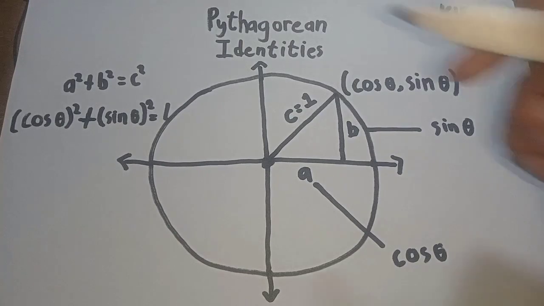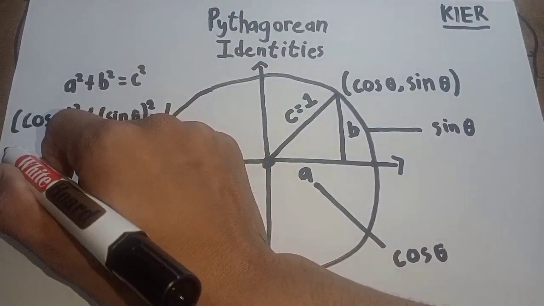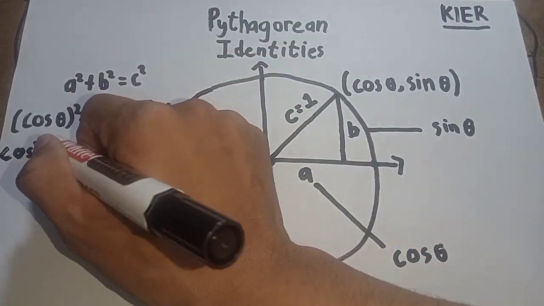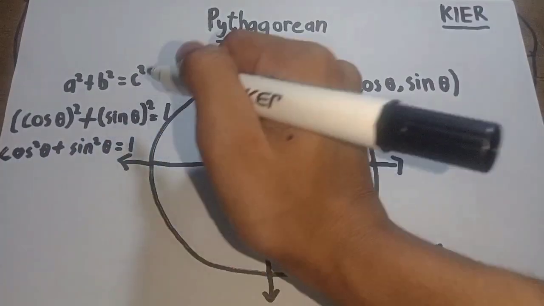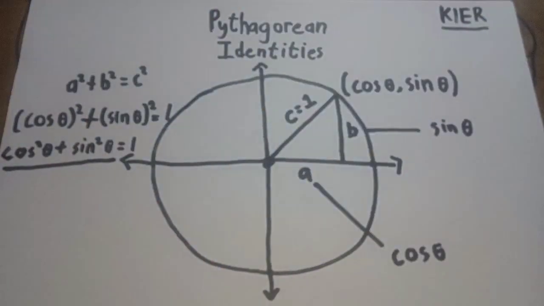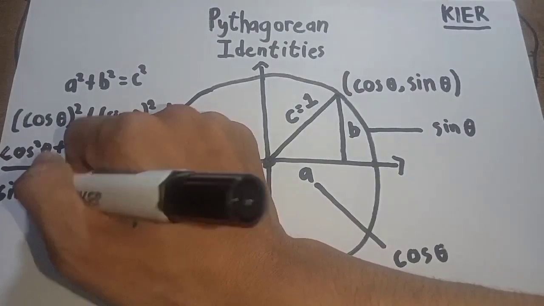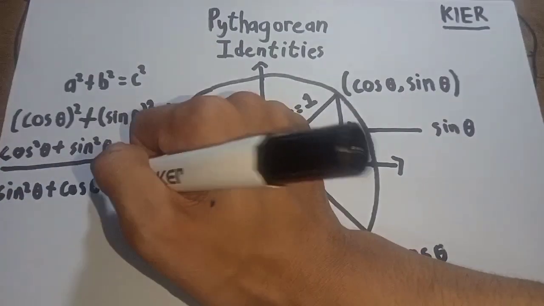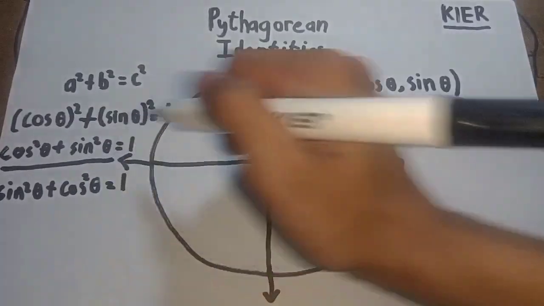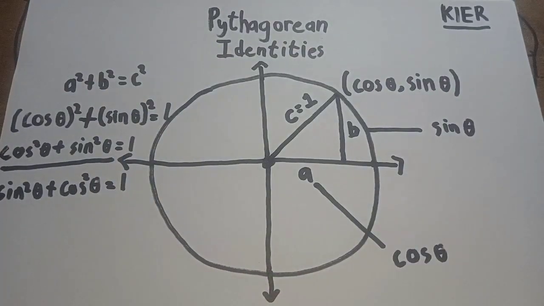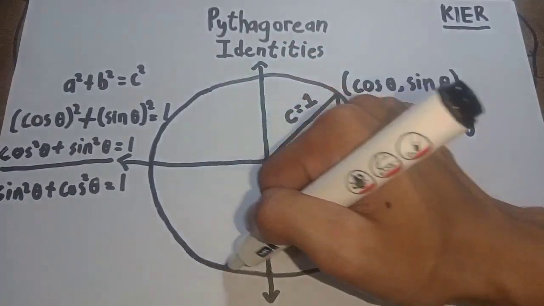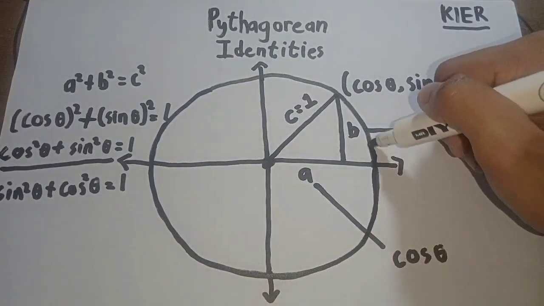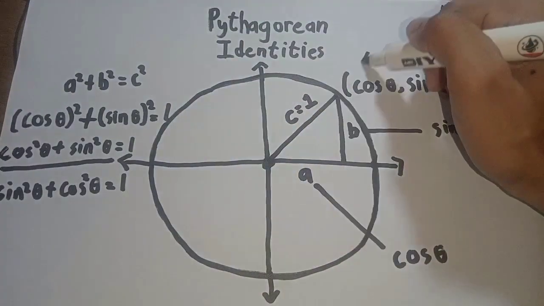And now, let's simplify. And there you have it, the first Pythagorean identity. It is fundamental and forms the basis of many other trigonometric identities. And take note that any point on the unit circle can be described by coordinates x and y.